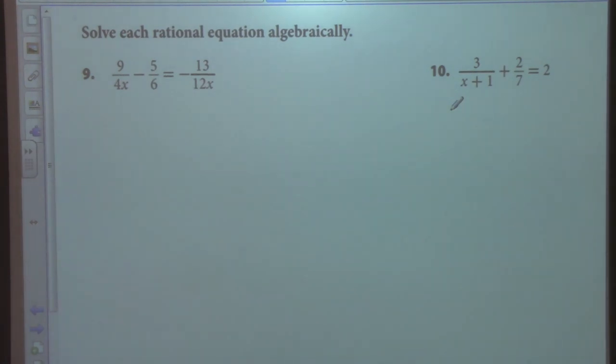Okay, for this one, can I choose somebody, or do I need to work this out myself to show you how to do it? Still working on it.